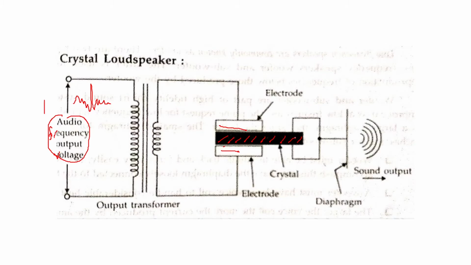If you connect those mechanical vibrations to a diaphragm, and that diaphragm gives you a sound output because of vibration, then you can say that the electrical input has been converted into sound energy. In this way we have converted electrical energy into sound energy in the crystal loudspeaker.